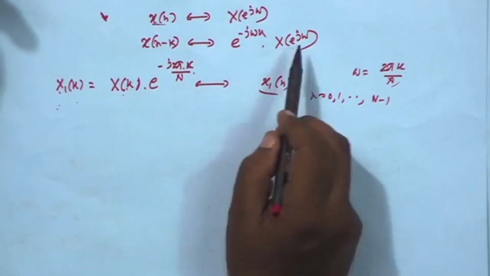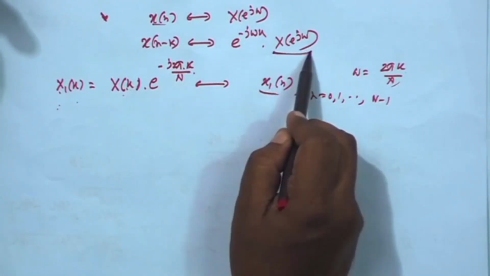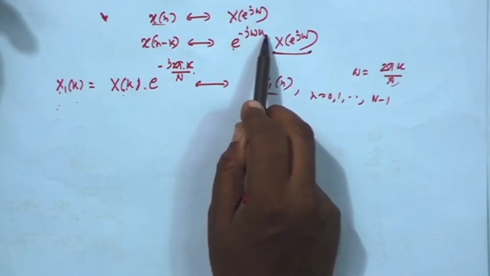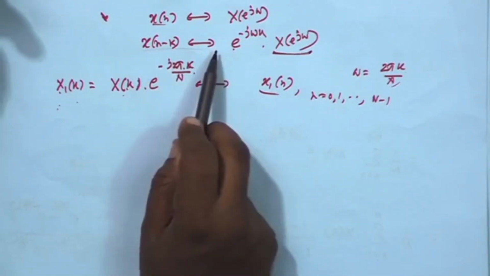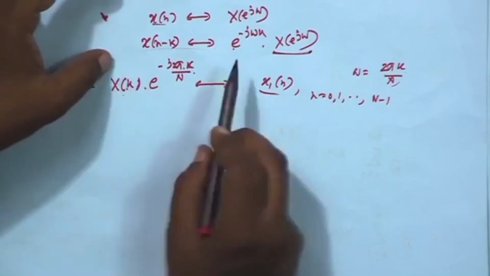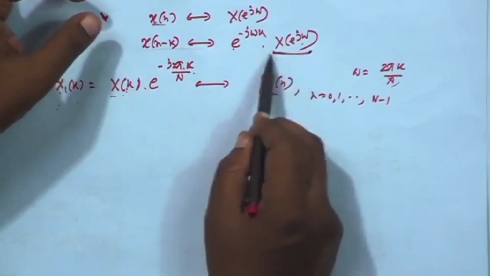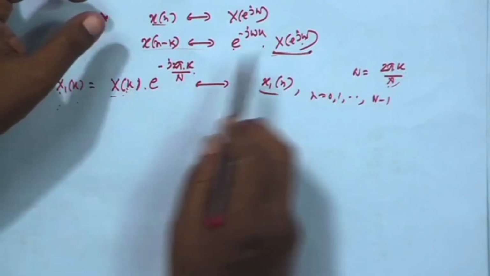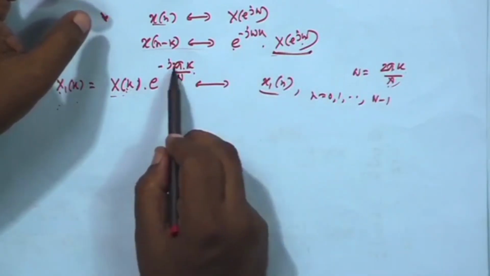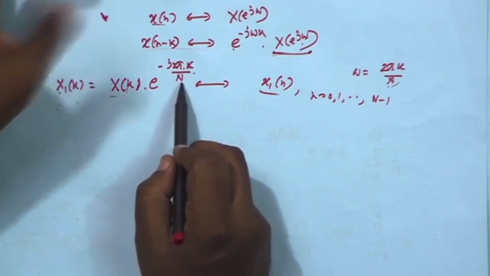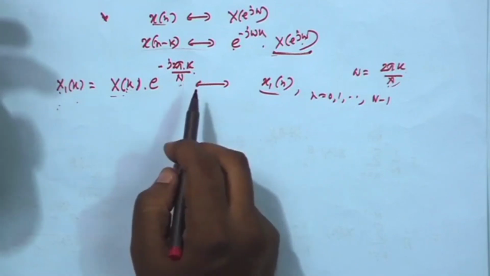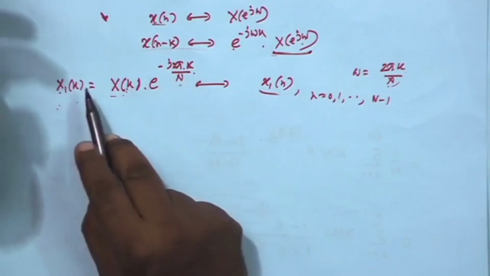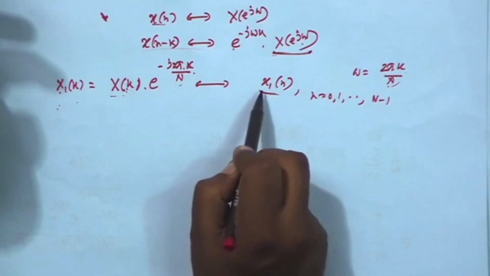How is x 1 related to x n? Here when I took the DTFT multiplied by e to the power minus j omega k, I got x n minus k, just delayed, shifted. Here if I take capital X k instead of this DTFT, that is DTFT at omega equal to 2 pi k by n, and multiply by e to the power minus j 2 pi k by n, then what will be the corresponding sequence x 1 n?